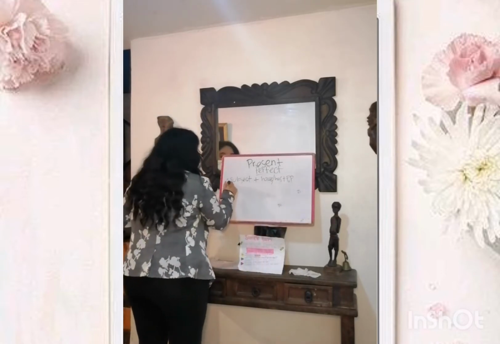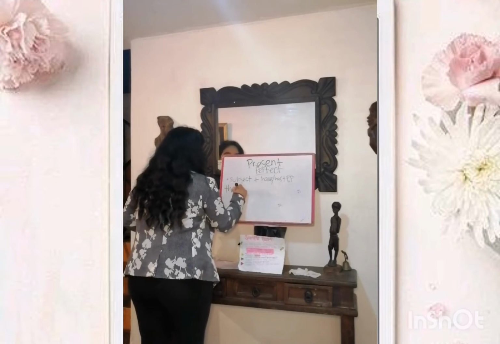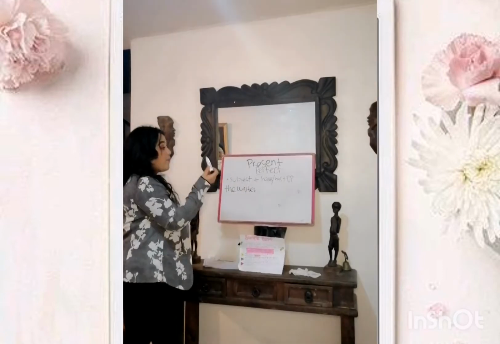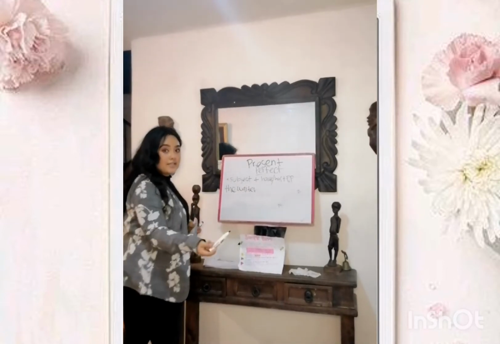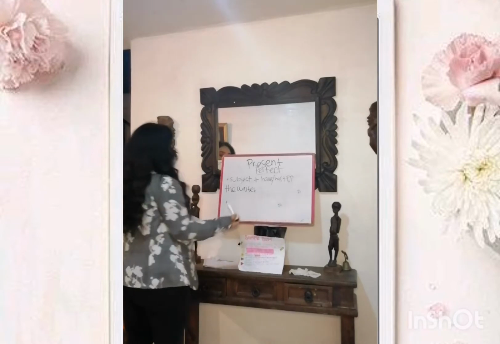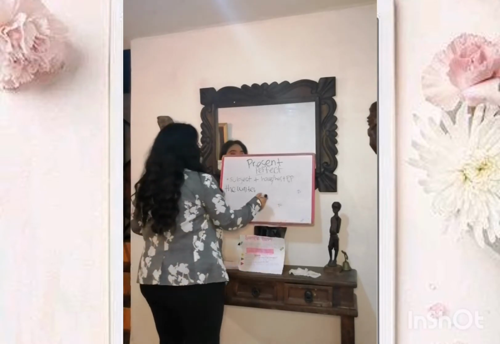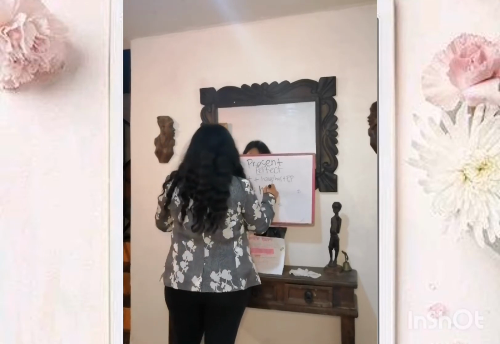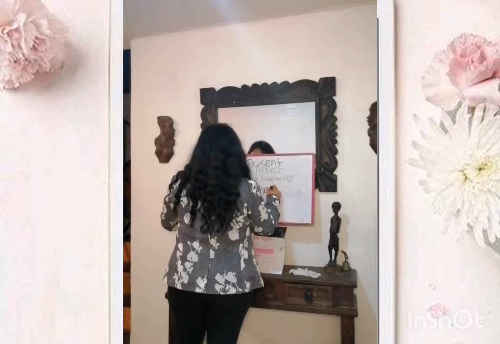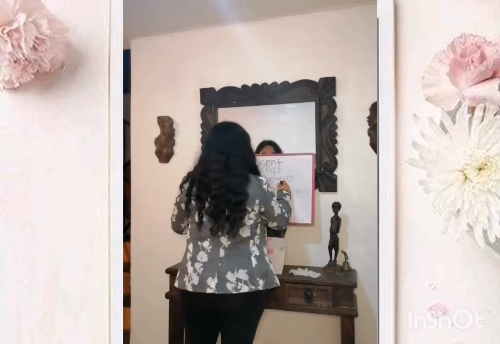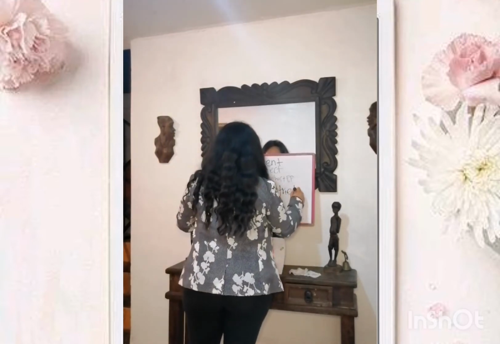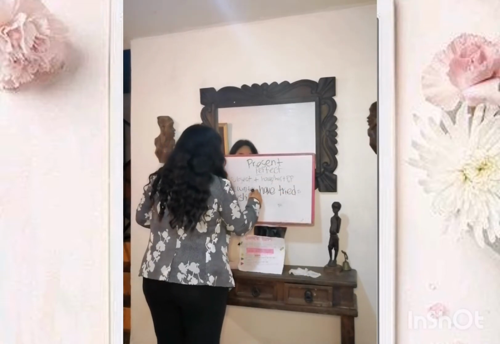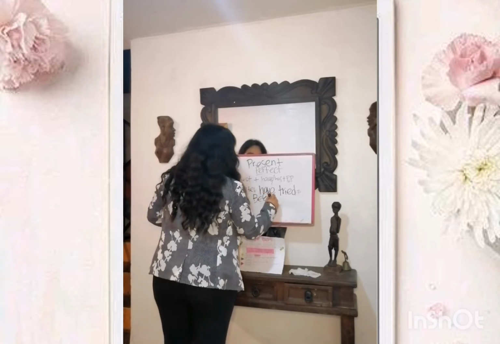The waiter, which is the subject, the person that we are talking about in the sentence. So we have the waiter, and the waiter is he, so we are going to add have. The waiter have tried sushi before.